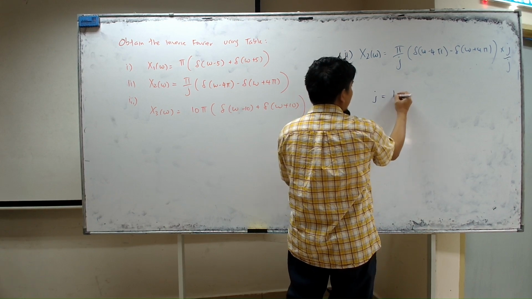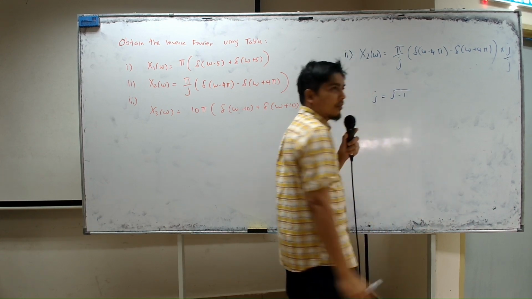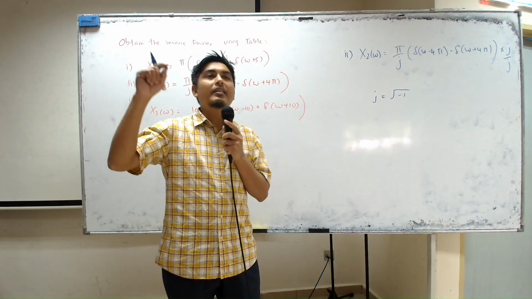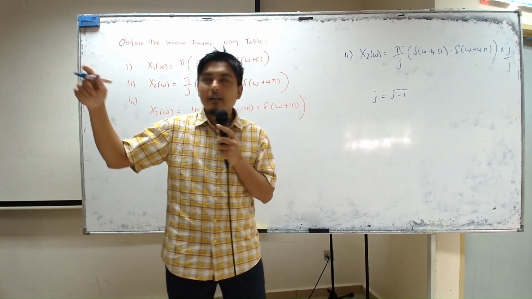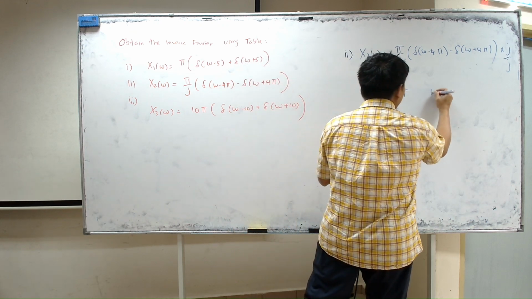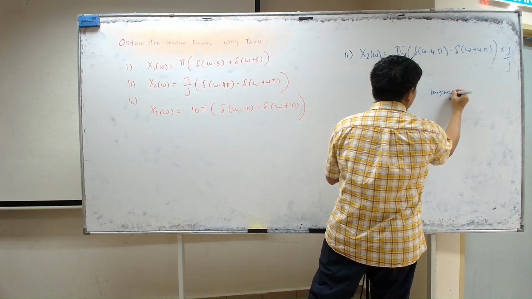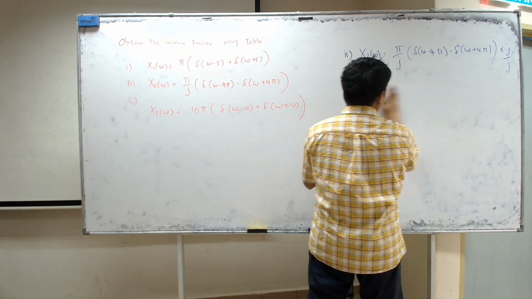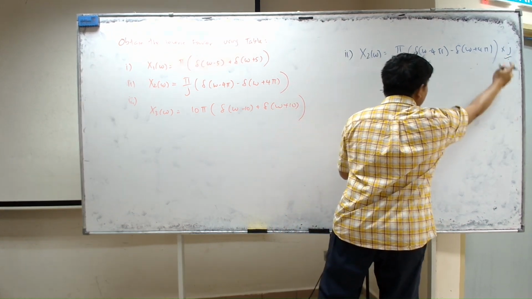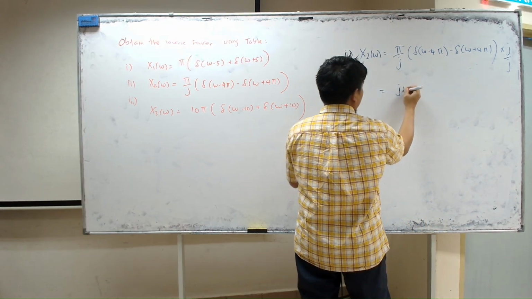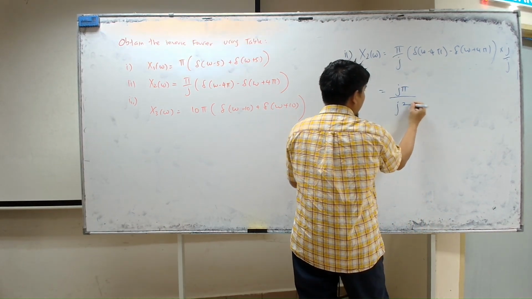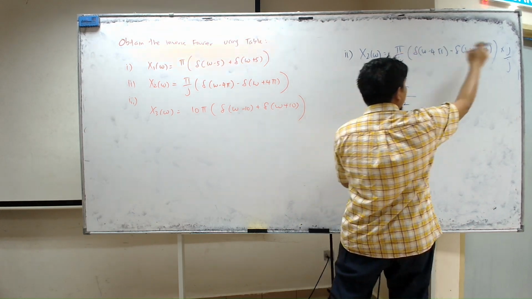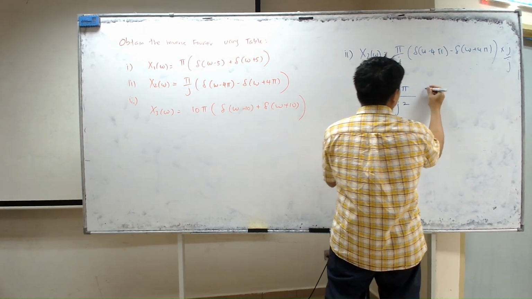j actually equal to the square root of negative 1. That's why it's called imaginary. Now if we multiply with j over j, j square, j pi over j square, you get j pi.